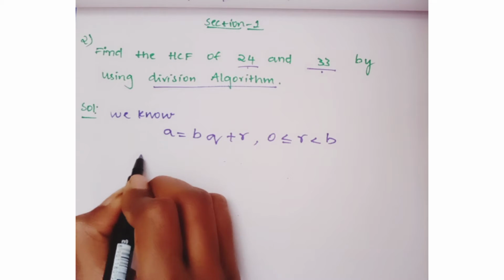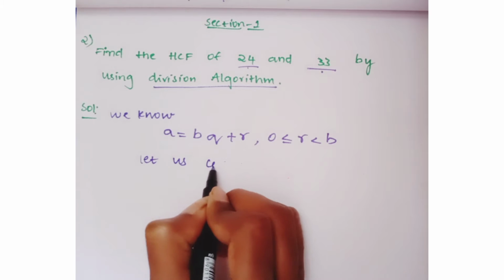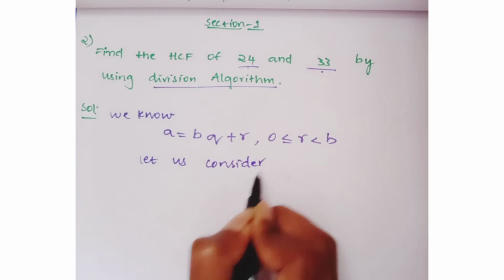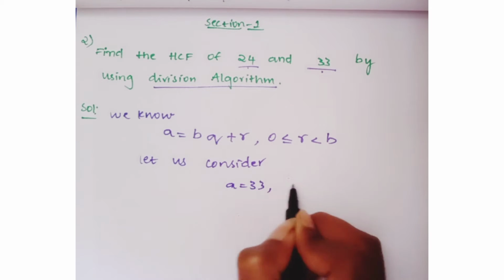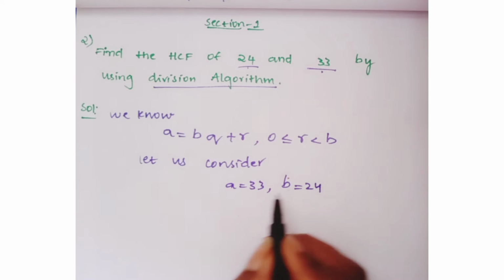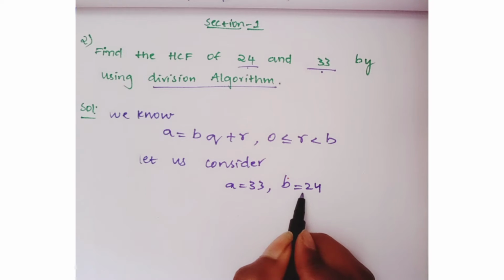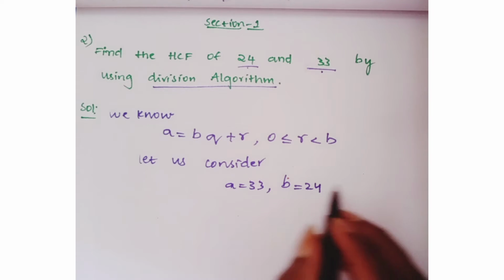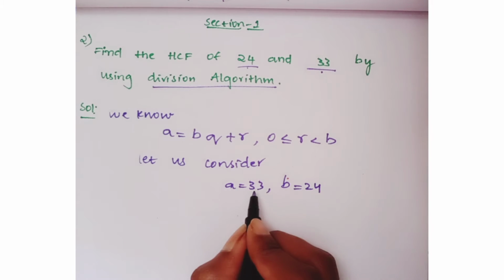So using this algorithm, we need to find the HCF of 24 and 33. Let us consider a as 33 and b as 24. Why only a as 33 and b as 24? Why not a as 24 and b as 33? Because you always choose the value which is greater among both. Among 33 and 24, 33 is greater, so consider the a value as 33.